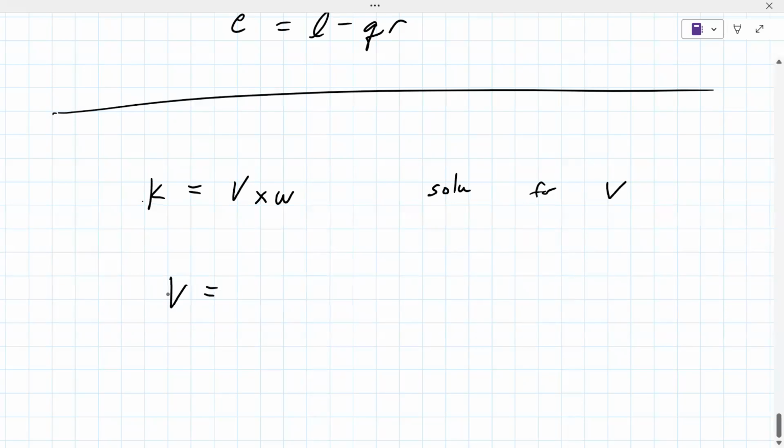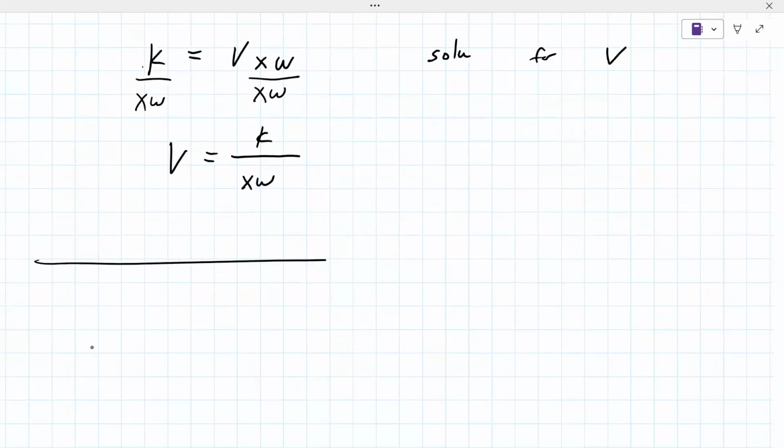Okay, what does v equal? V equals w over k. Okay, there's an x and a w here, so you're dividing both sides by xw. Oh, xw. Yeah. I keep trying to do one or the other.